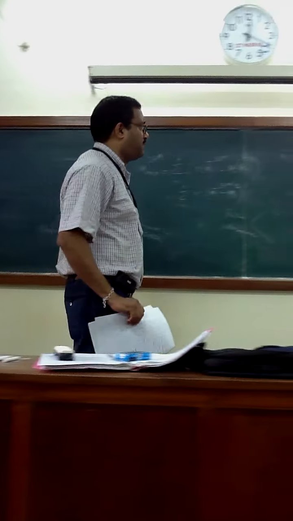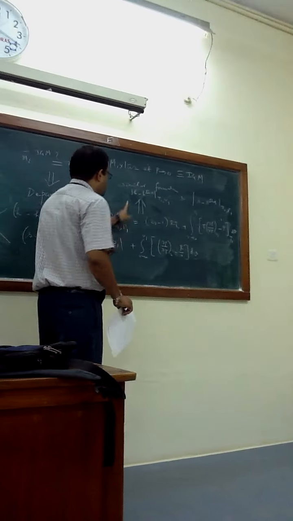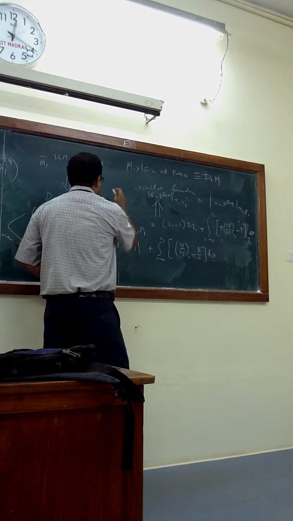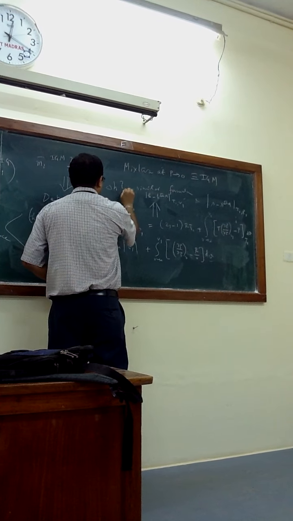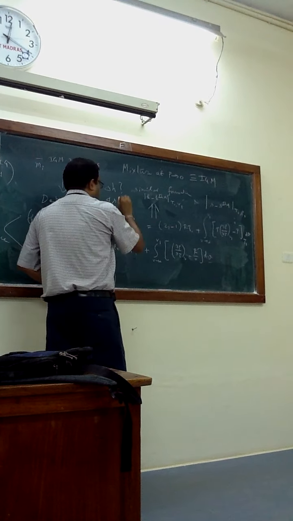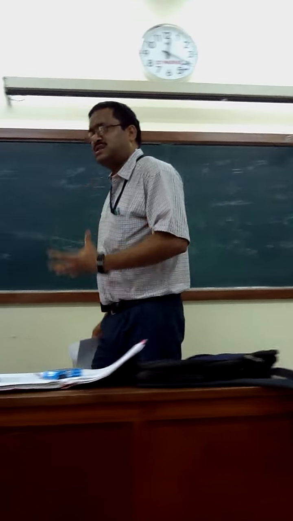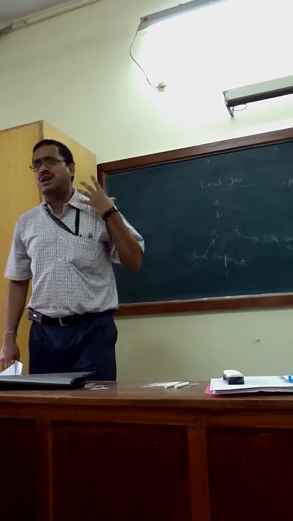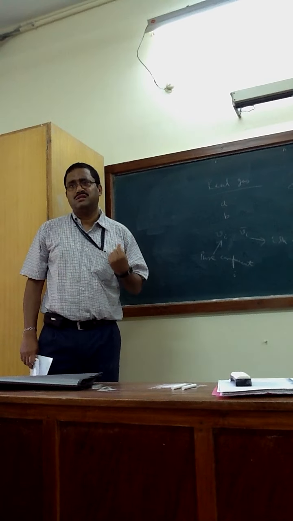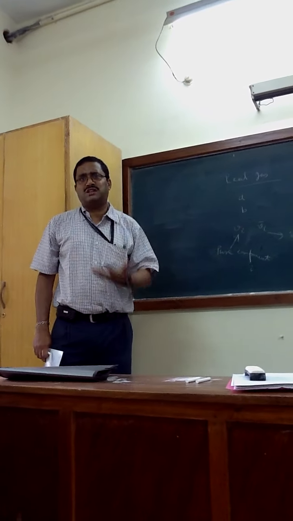It is not that straightforward because this departure formula may be the same. My question is how to calculate delta H, how to calculate delta S. Remember, what is the departure formula used for? To calculate enthalpy change, entropy change, internal energy change. That's why you use the departure formula.